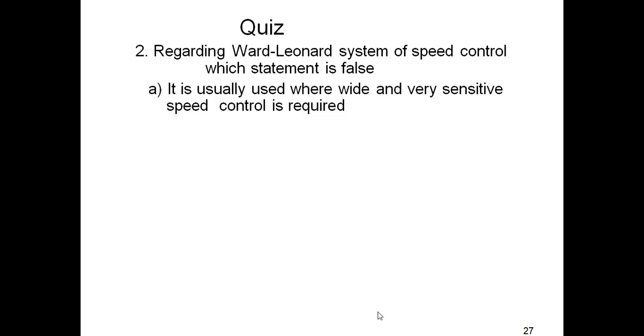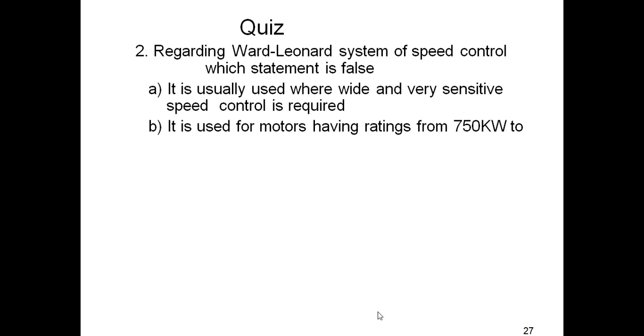Second one is regarding the Ward Leonard system of speed control. Which statement is false? Option A, it is usually used where wide and very sensitive speed control is required. B, it is used for motors having rating from 750 kilowatt to 4000 kilowatt.